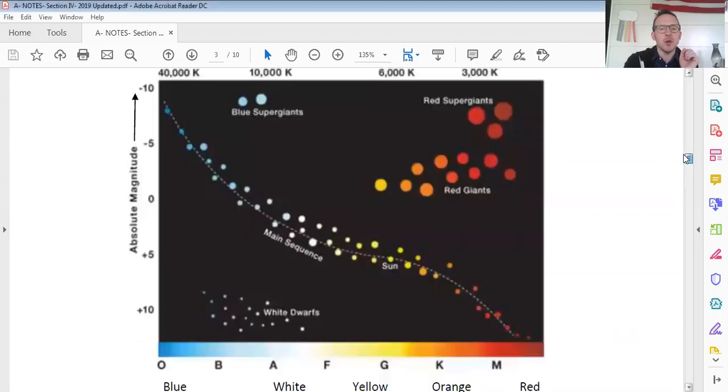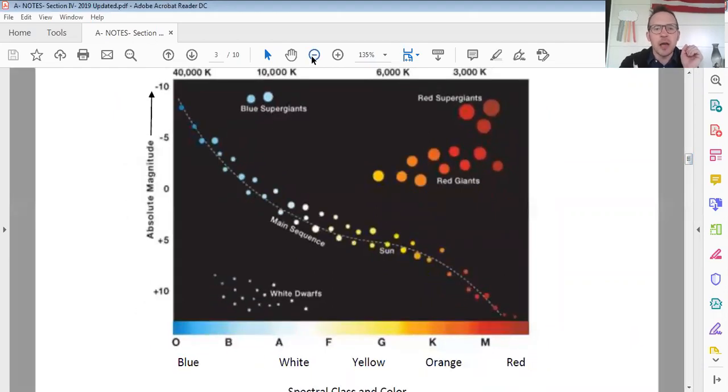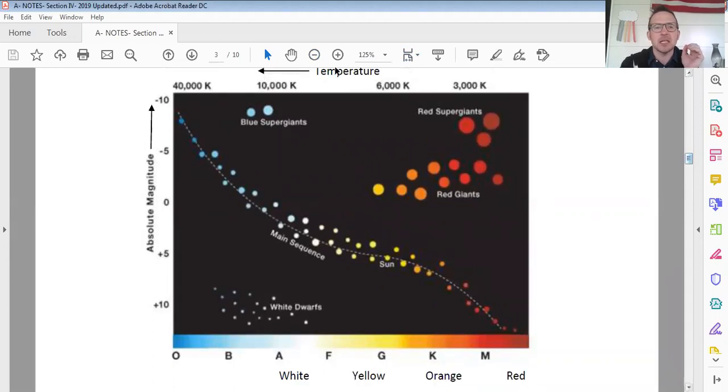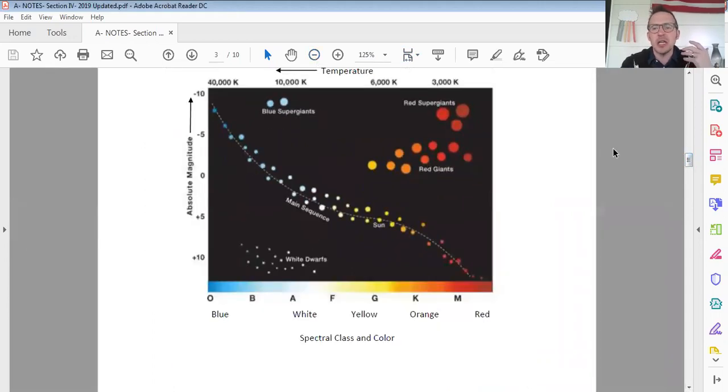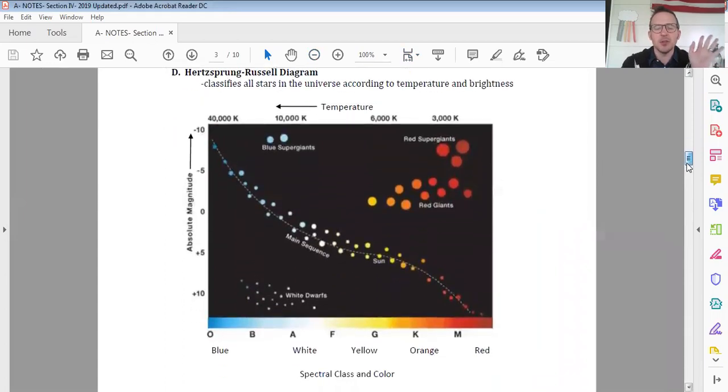All right, so here's where we left off last time, a little visual for you. So recall, this was our HR diagram, and what was special about this, everybody, is it allows us to classify all stars in the universe based on 2 fundamental physical properties: their temperature, which increases towards the left, and their brightness or their magnitude, which increases up.